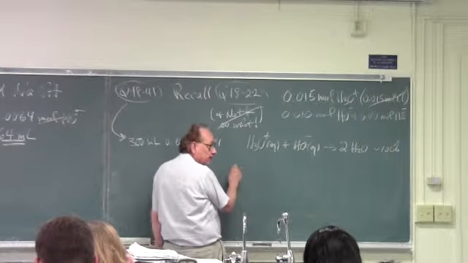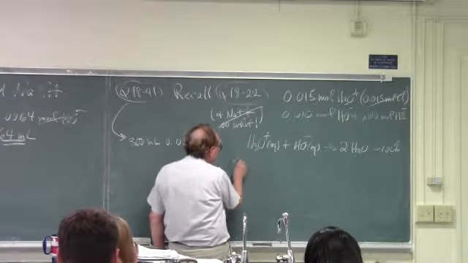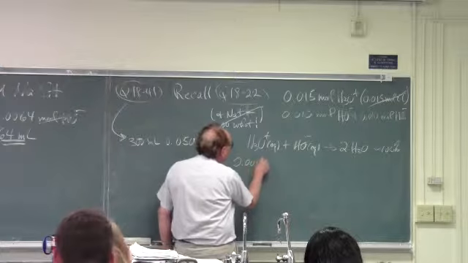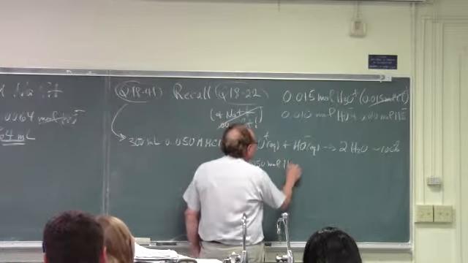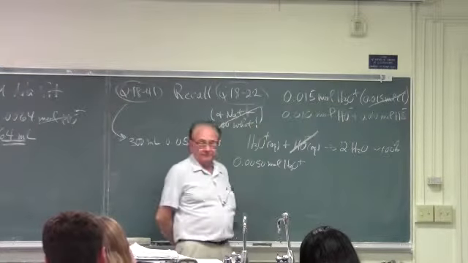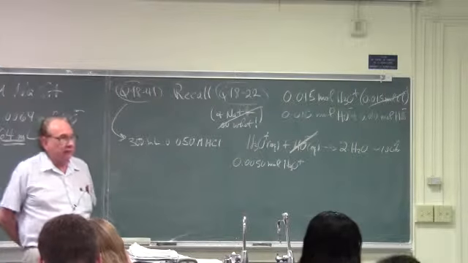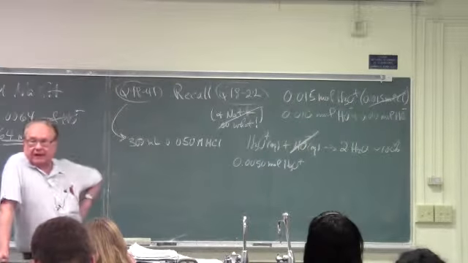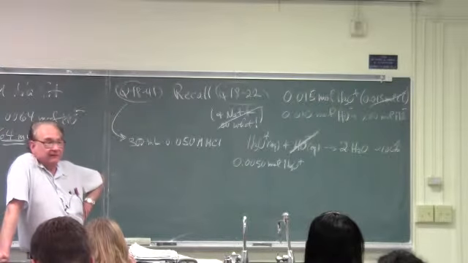Okay? So after this reaction, we still have how much hydronium ion? 0.0050 moles hydronium ion. That went away. Is there anything else in this system with which hydronium ion can react effectively? What is that something else?